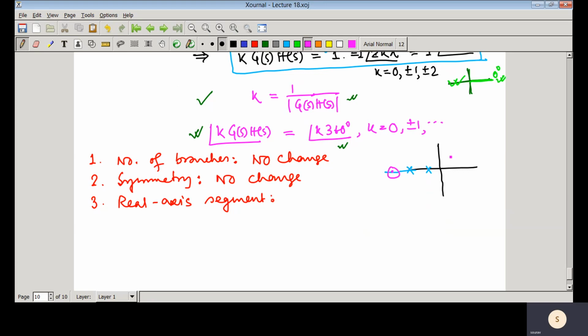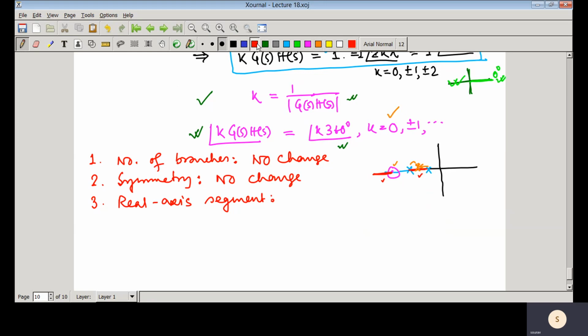In case of negative feedback, what we have seen is that this particular segment would be part of the root locus. The reason is we consider the angle 180 degree. But if you consider this particular point, then this is minus 180, and the contribution of this one is 0 and this one is 0, so it does not satisfy this particular condition.